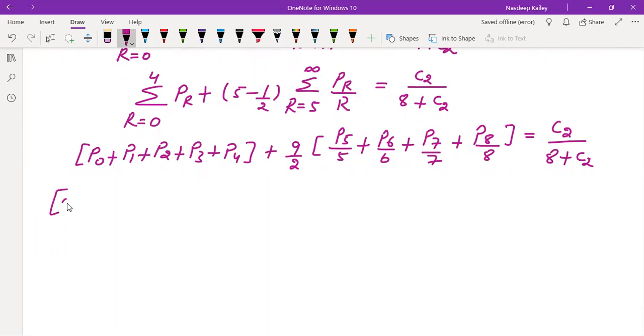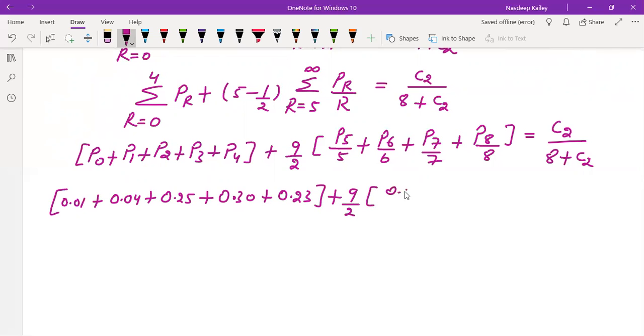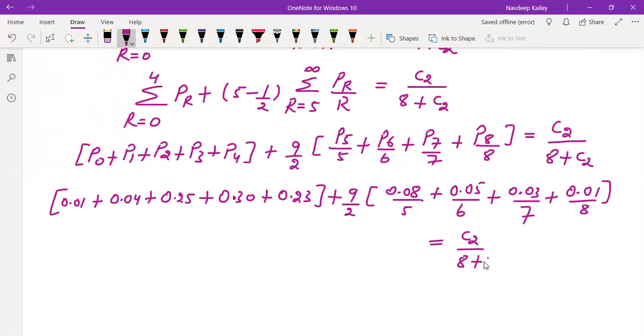We will get 0.01 plus 0.04 plus 0.25 plus 0.30 plus 0.23 plus 9 by 2 times 0.08 by 5 plus 0.05 by 6 plus 0.03 by 7 plus 0.01 by 8 is equal to C2 upon 8 plus C2.